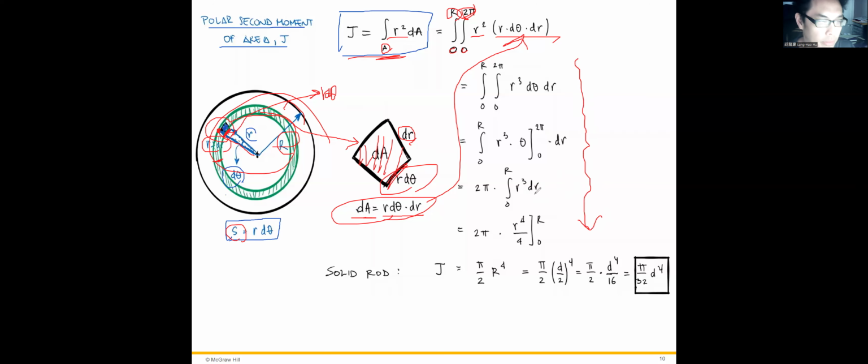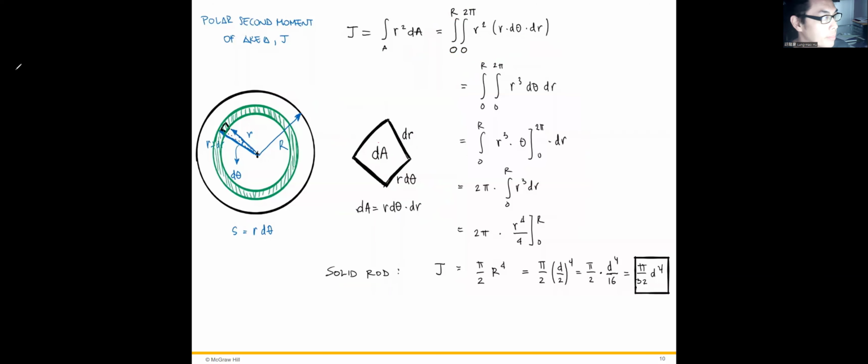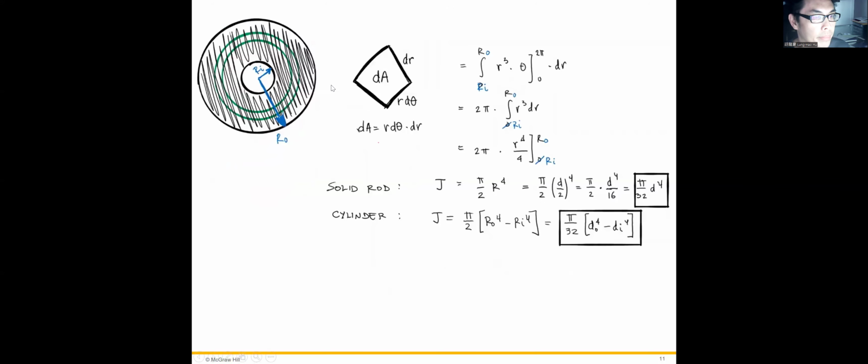So finally we can figure out that for the solid rod or shaft, the polar second moment of area is pi over 32 times d to the power 4. For different cross-section shapes, you can check the handbooks. The same thing applies for the cylinder.